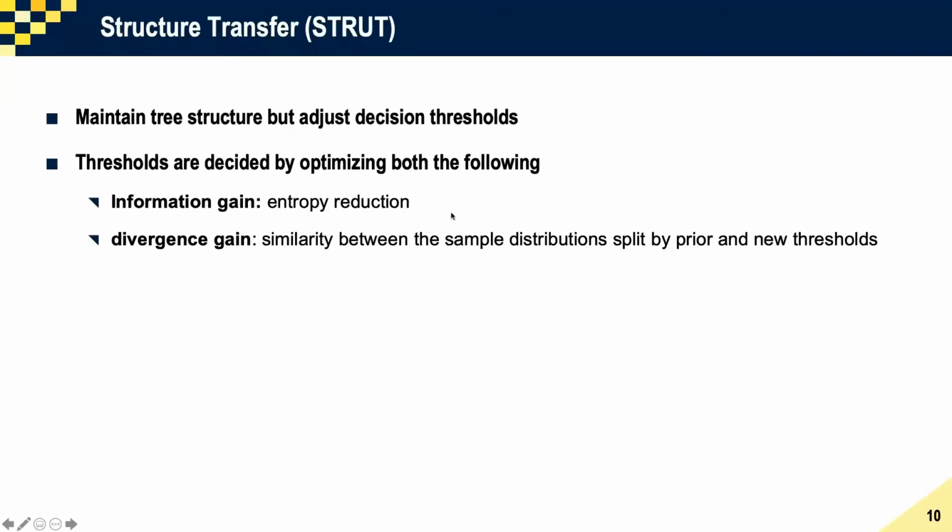Another metric called divergence gain is also introduced to force the split of samples to resemble the one resulting from the prior model. So STRUT chooses a threshold that not only brings a high information gain, but also a high divergence gain.